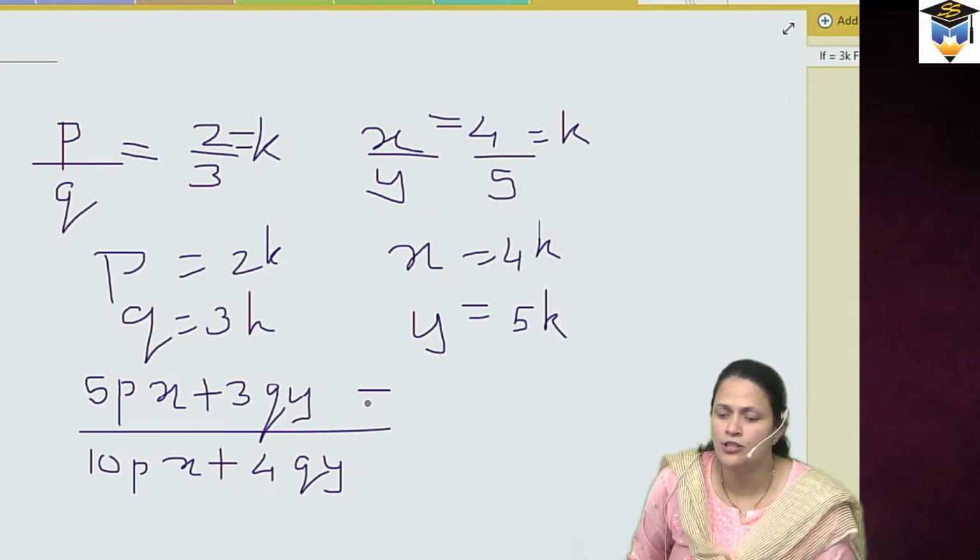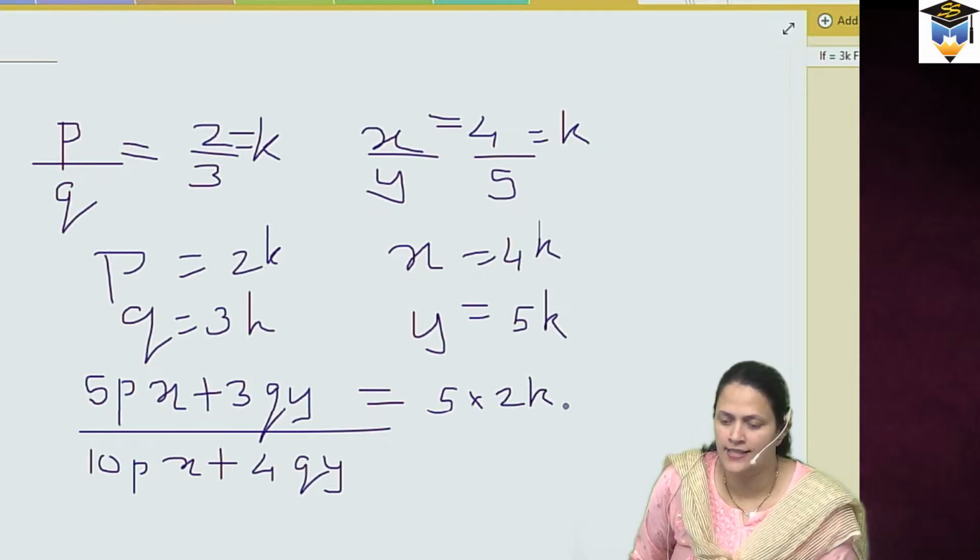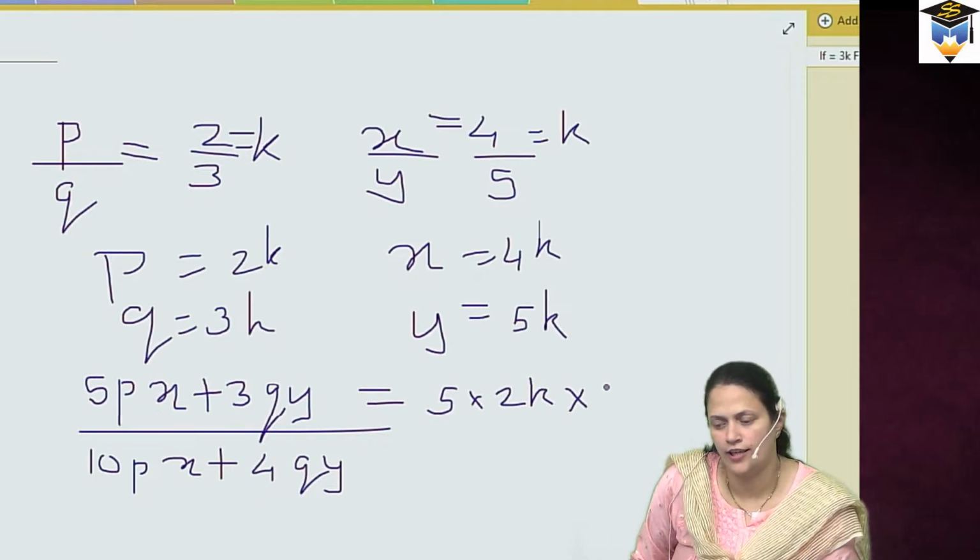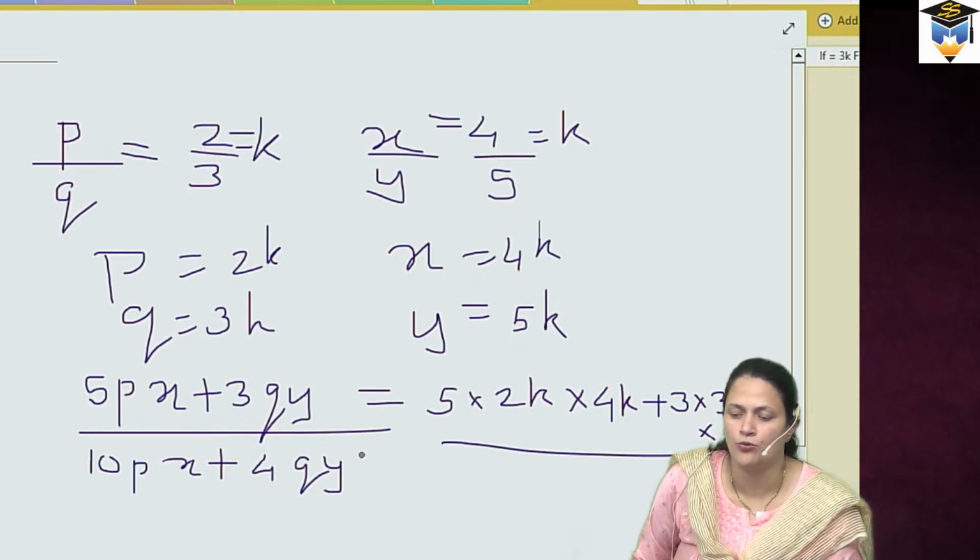Okay, so now substitute the value of P as 2k, X as 4k, plus 3 into 3k into 5k. I'm just substituting the values and I have to find out the ratio.